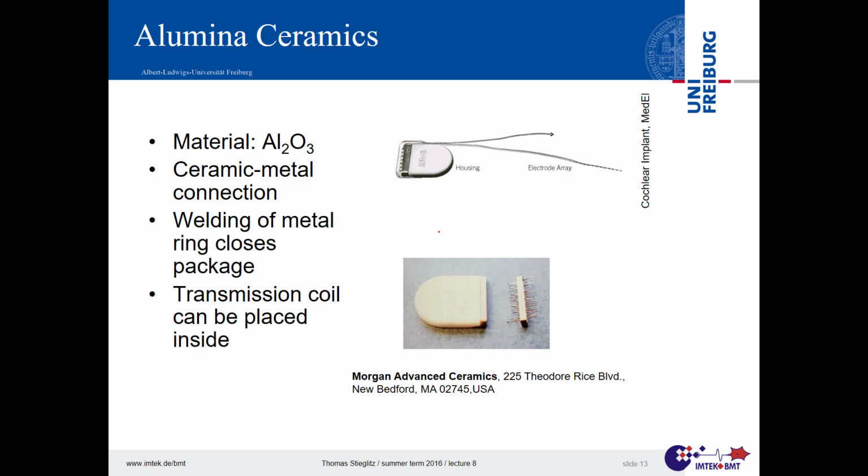So there are some established procedures where you get the metal deposited on the aluminum oxide, which helps you to then weld the package closed. The only downside of ceramics is that this is a very brittle material. And that was one of the major criticisms from the early days on. People say, well, if you have a material like ceramics, you have to prove that it doesn't break if you have an accident.